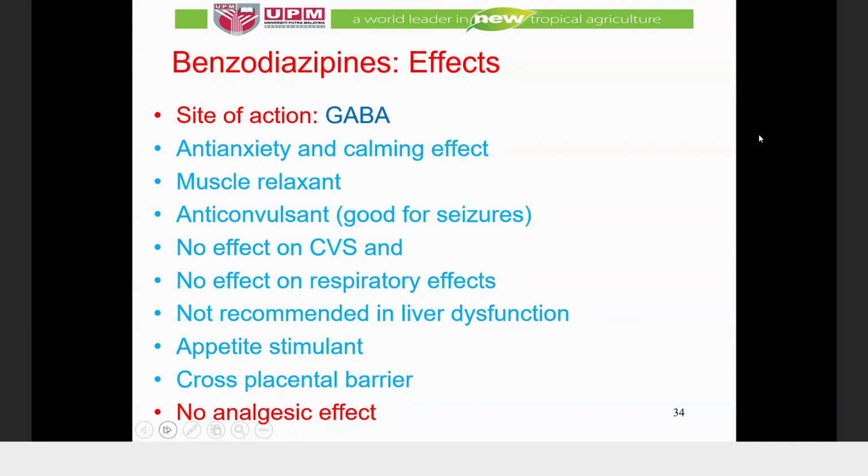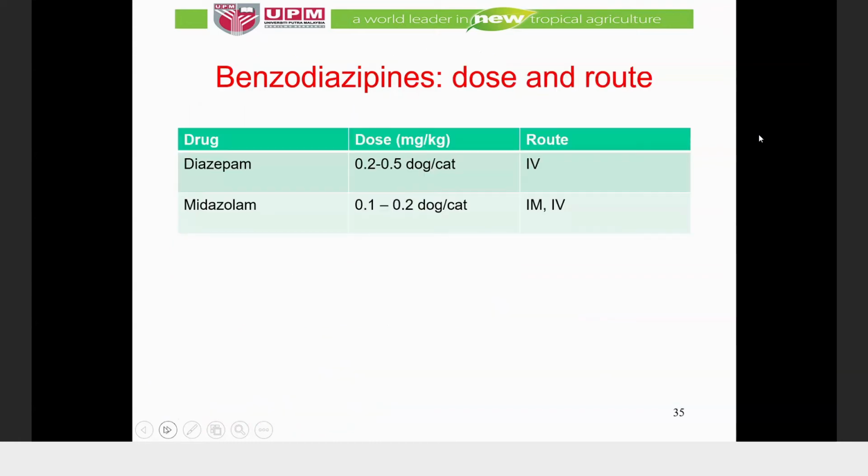Because this is metabolized in the liver, it is not recommended in liver dysfunction. This drug also stimulates appetite. It can also cross the placental barrier. And like phenothiazine, it has no analgesic effect. Okay, this is just a dose for benzodiazepines in cats and dogs.